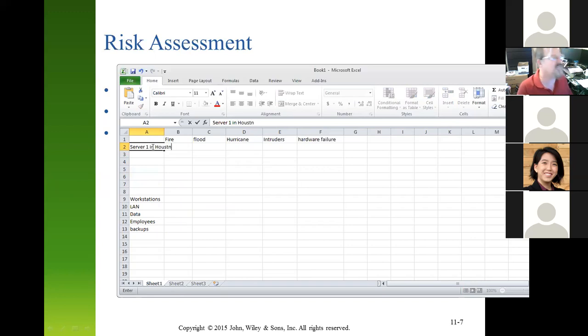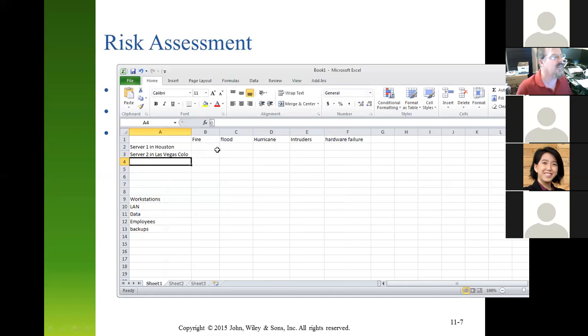Server 1 in Houston, and then server 2 in Las Vegas. And then we would decide upon a numbering or a grading scheme. I like to use a scheme of 1 to 100, 100 being the most important thing to look at, and 1 being the least important thing to look at.